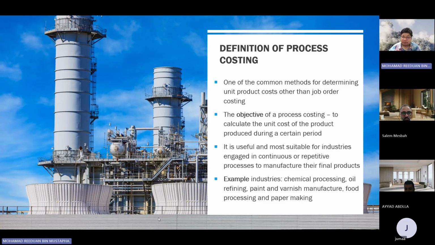It is useful and more suitable for industries engaged in continuous or repetitive processes to manufacture their finished product. Example industries are chemical processing, oil refining, paint, varnish manufacturing, and paper making. So these are a few examples of process costing.